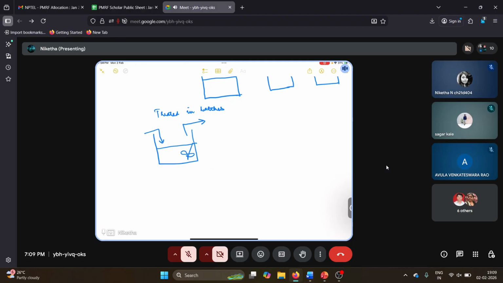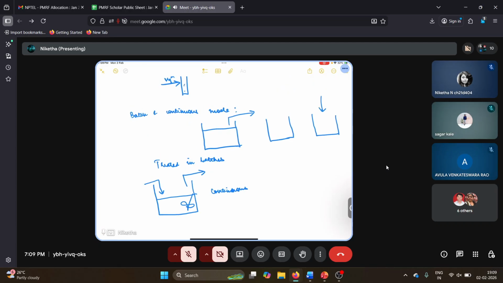Here, continuously we are letting the wastewater inside, and the biological process happens, and it is also being stirred and aerated regularly. After treatment, the wastewater is also being let out continuously. This kind of process is called continuous, and this is a batch process.